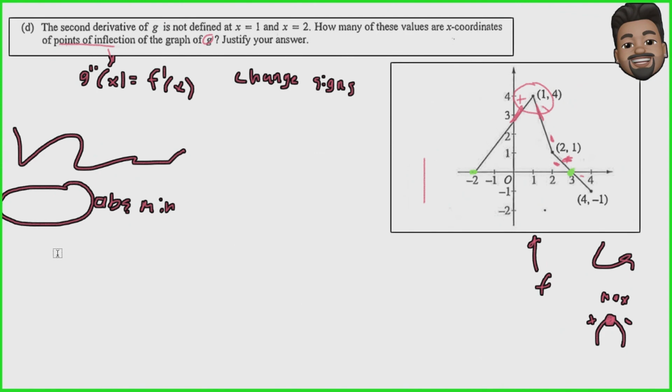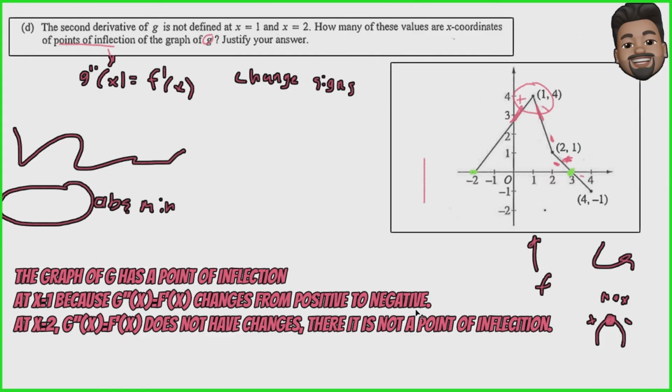And how would we write that out? Well, this is how we would write it out. So this is our justification. We'll say the graph of G has a point of inflection at x equals 1 because G double prime equals f prime of x changes from positive to negative. At x equals 2, G double prime of x equals f prime of x does not change signs. Therefore, it is not a point of inflection.